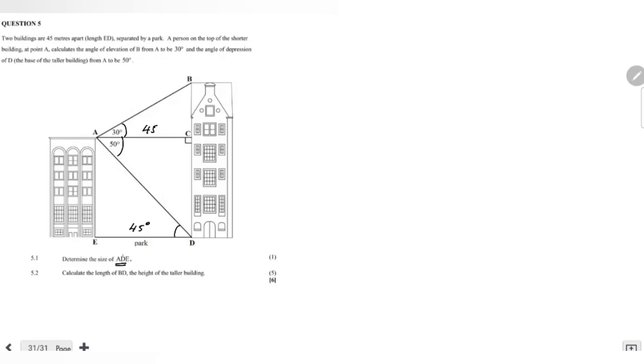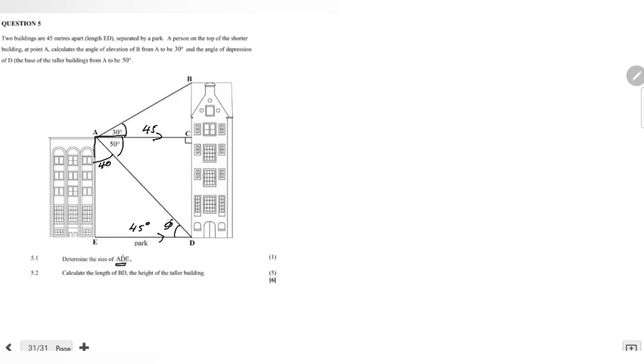We can do this question in different ways. Guys, since these two are horizontal lines, they are parallel lines, which means D is also 50 degrees, alternate angles, isn't it? Clear? Otherwise, look at this angle A, this is 90 degrees. So if this is 50, this is going to be 40, right?